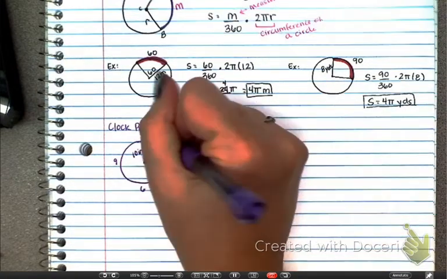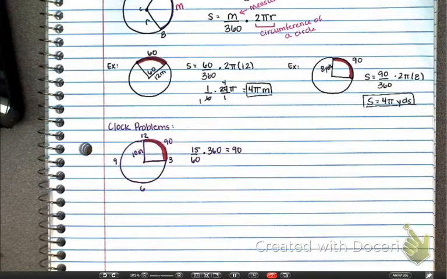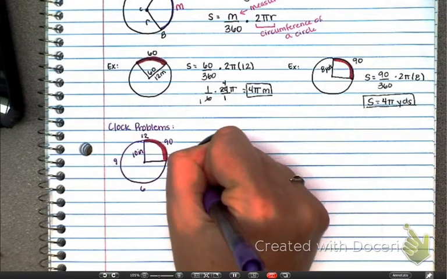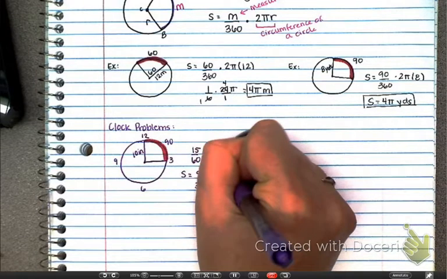Now that I know this is 90, I'm using the exact same formula I did above. 90 over 360 times 2 pi r.